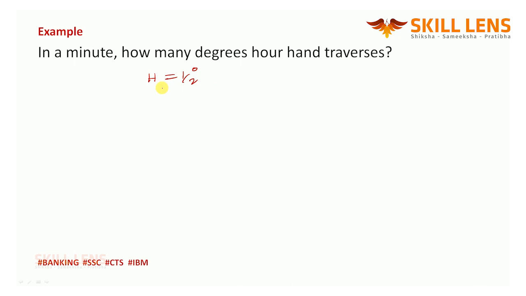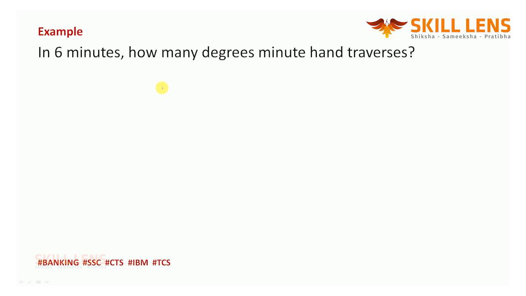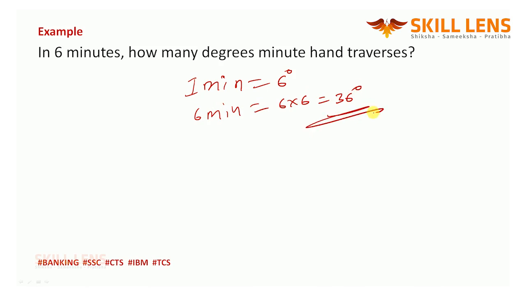Now, in 6 minutes, how many degrees will the minute hand travel? In 1 minute, the minute hand travels 6 degrees. So in 6 minutes, 6 into 6 gives you 36 degrees. These kinds of questions are asked in banking, SSC, CTS, IBM and TCS examinations.